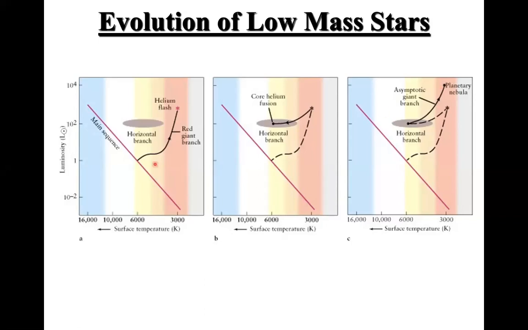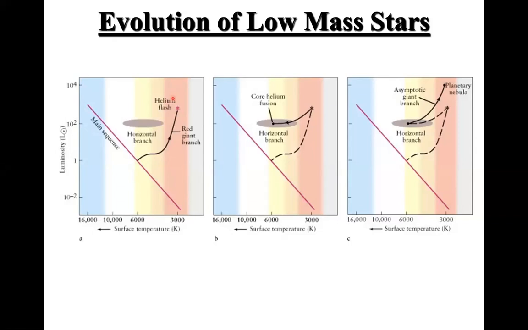Once again, you have this initial point on the HR diagram as a low mass star, and then after it burns up hydrogen into helium, it will go up this red giant branch. And remember that we talked about this helium flash.